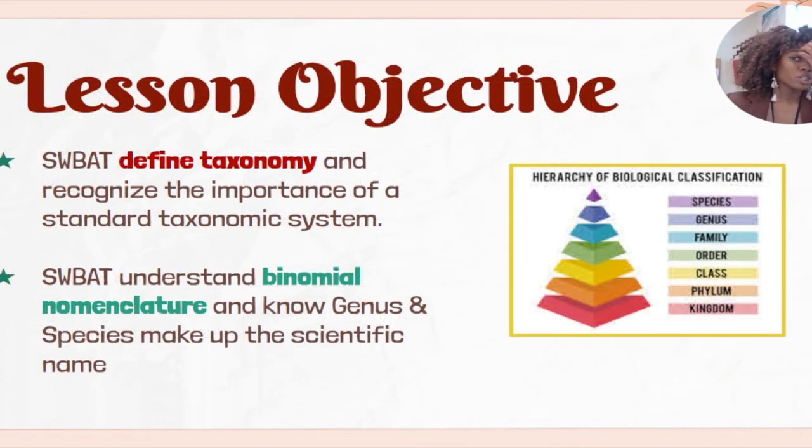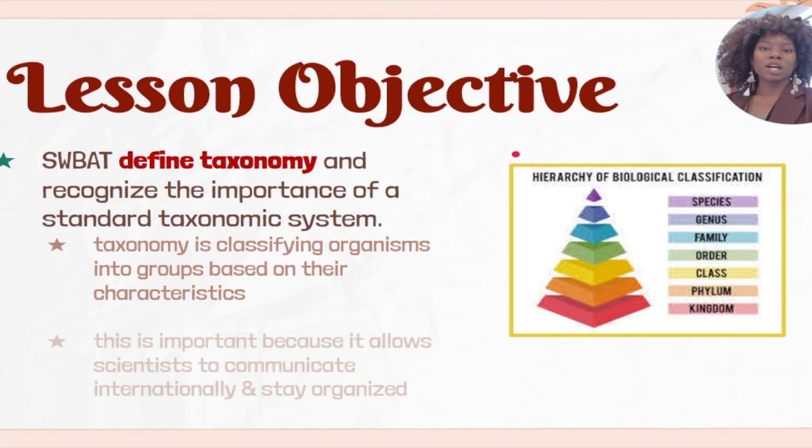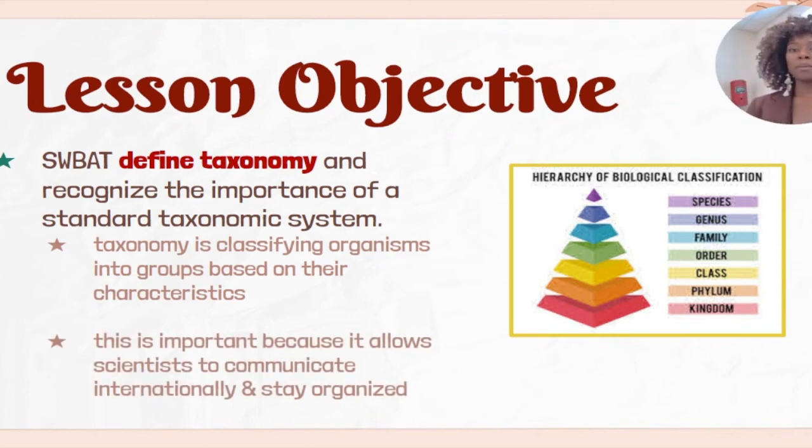Okay, so let's just recap our lesson objective real quick to close it on out. Students should be able to define taxonomy and recognize the importance of a standard taxonomic system. Taxonomy is classifying organisms into groups based on their shared characteristics. This is important because it allows scientists to communicate internationally across language barriers and stay organized.